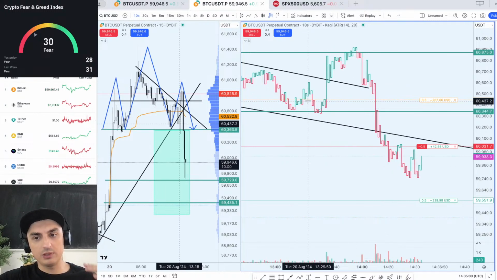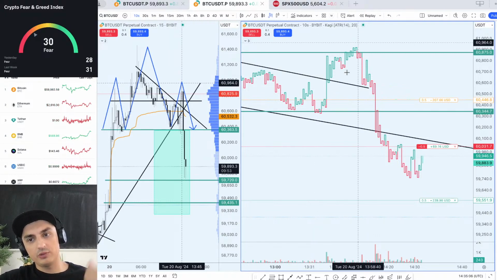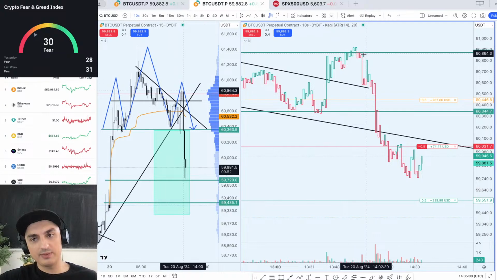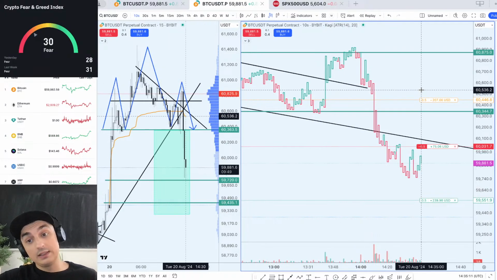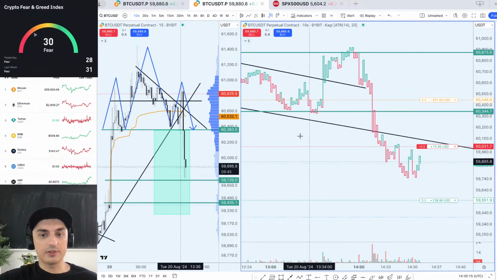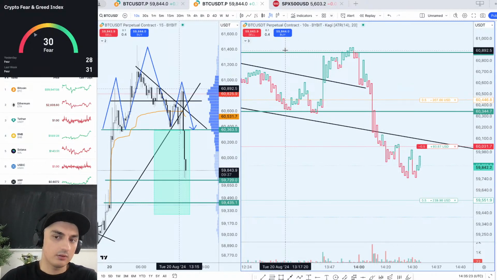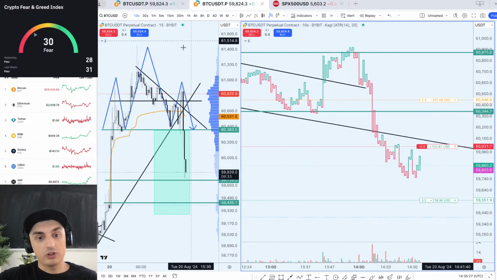The best entry that we could get was at the 59,300 breakout, and then we just got stopped out by this move to the upside to 59,800. So it happens, and in Bitcoin I see a lot of times that this is the actual price action where it takes all these shorts and all these longs before actually moving in the direction.